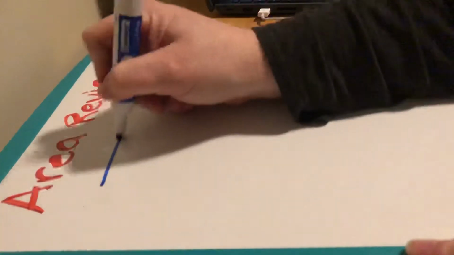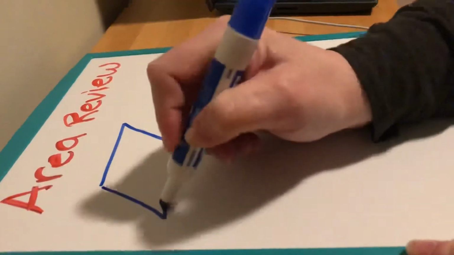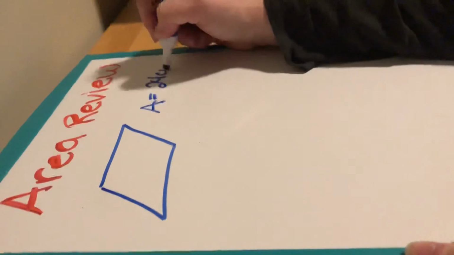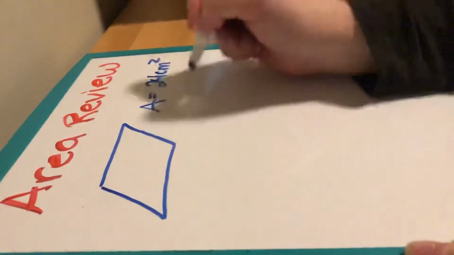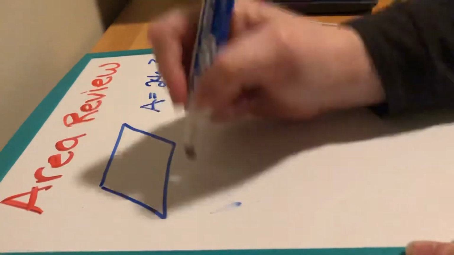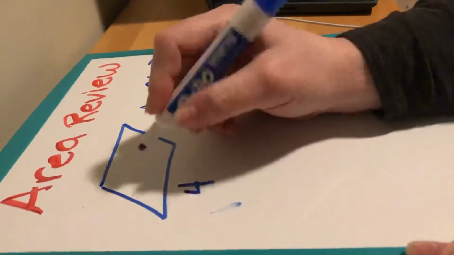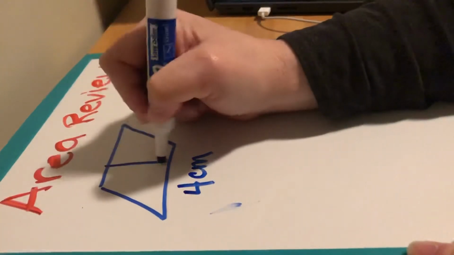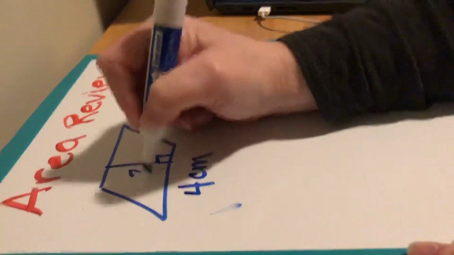All right, so here's my parallelogram. I know that the whole area is 24 centimeters squared. I know that my base right here, my bottom piece right here, is 4 centimeters, but I don't know what my height is.